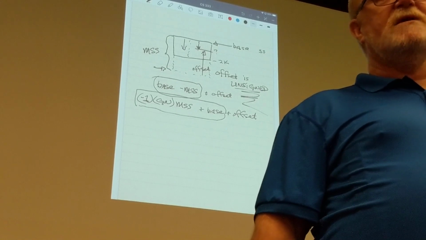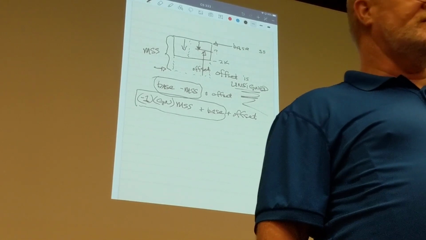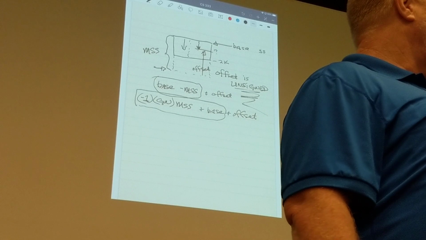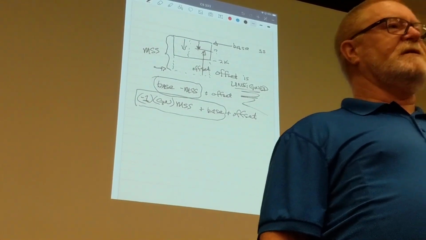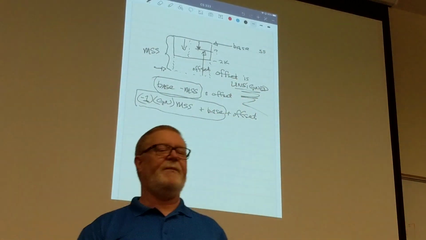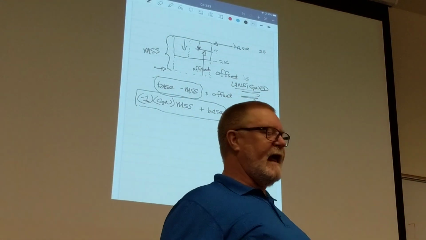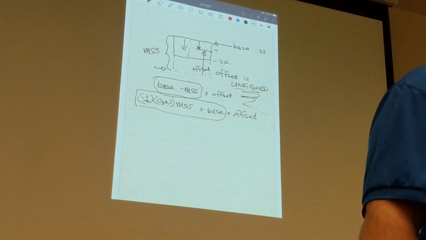So, and I'm going to phrase this in a way that's even more confusing than I normally make it, okay? But there's a reason for it. I want you to be confused in this. In this example, in order to get 1K into the stack, the offset must be 3K.